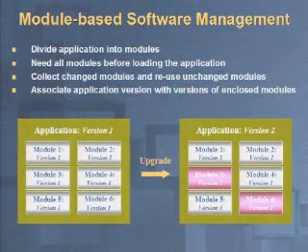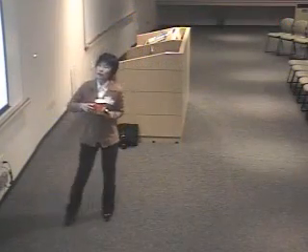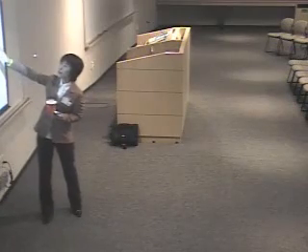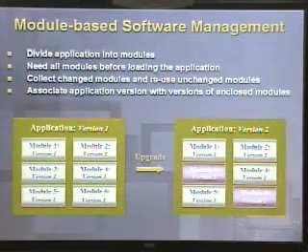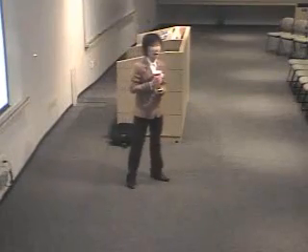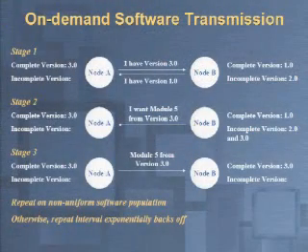To be able to find out which modules have changed from the previous version to the current version, you need more version information. So we associate an application version number with the version numbers of the enclosed software modules. By advertising this software version information, one can perform selective software transmission.